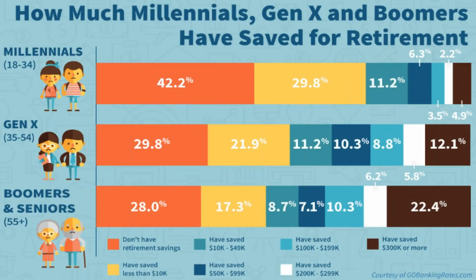Well, this is just one of those slides to remind us how little we've all really saved. It's always good to save now, let it sit in there, let it grow. I'm sure that there are some boomer seniors and even Gen Xers at this point that, if you're sitting next to a millennial during this webinar, or you have a millennial that you're close to, really encourage them to save for retirement now.